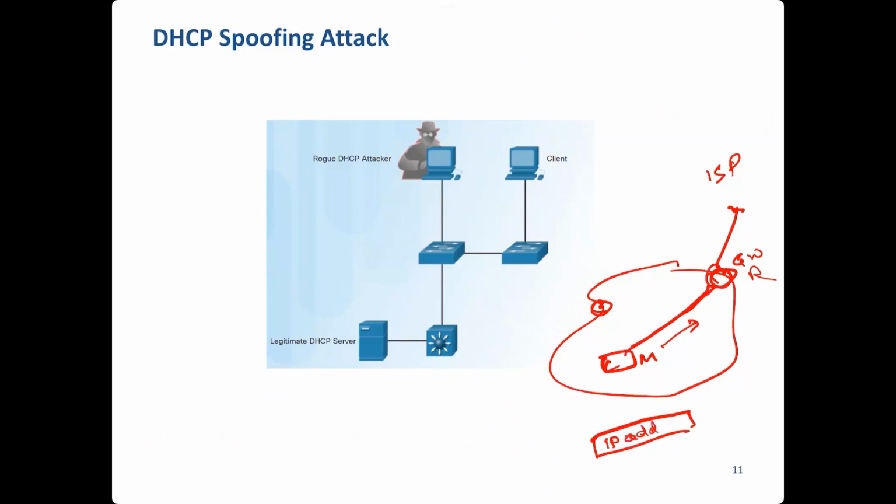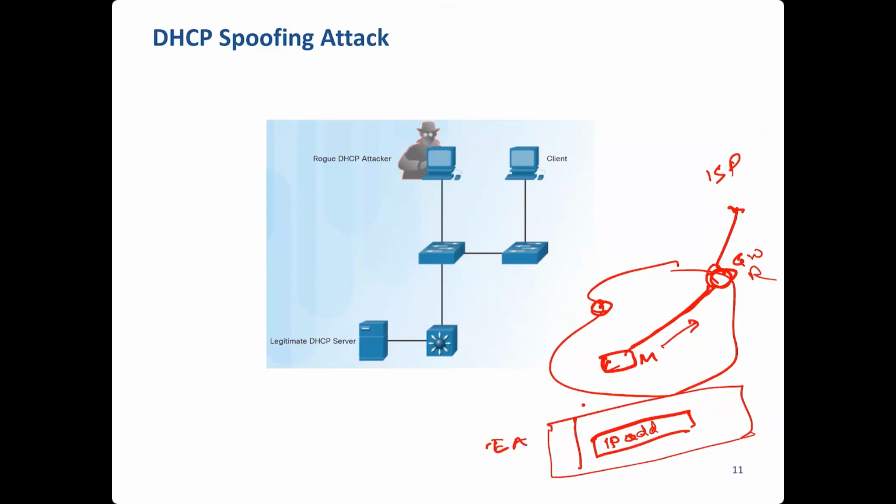Okay, and then of course it has to send it over Ethernet packet. So it has to also know the Ethernet address of this gateway router. So in what way can the manipulation happen now? Let's not worry about the Ethernet part.